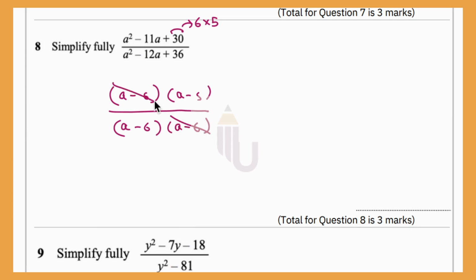A minus 6 will get cancelled, and we are left with a minus 5 over a minus 6. In these questions, you should be just aware with the quadratic factorization. If you are good at that, then these questions are quite doable.